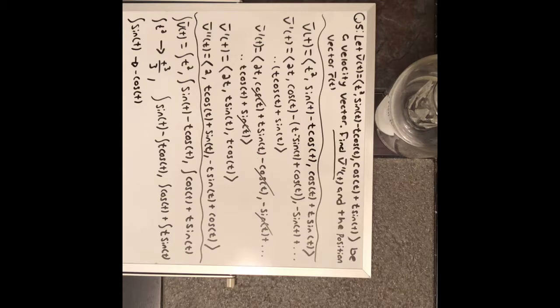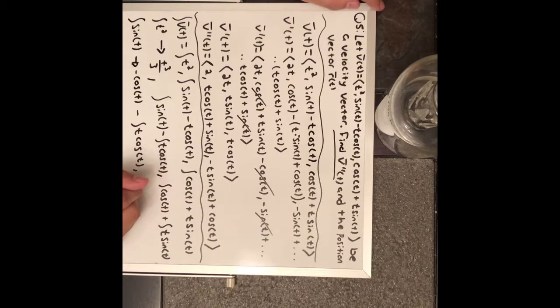Very easy, very nice. Okay, minus the integral of t cosine of t. So for this one, we're going to have to use integration by parts. I do hope you know this. This is basic calculus 2 stuff.